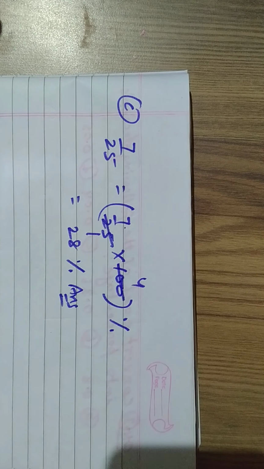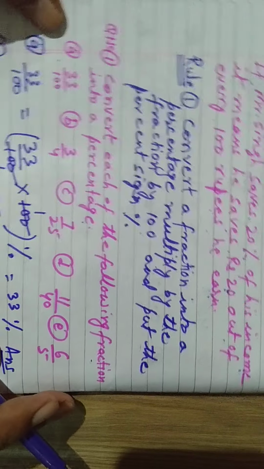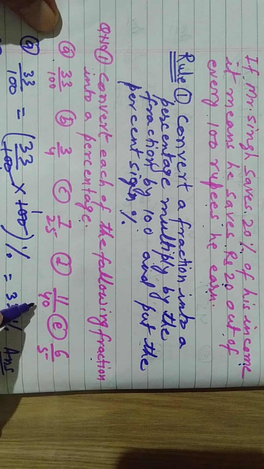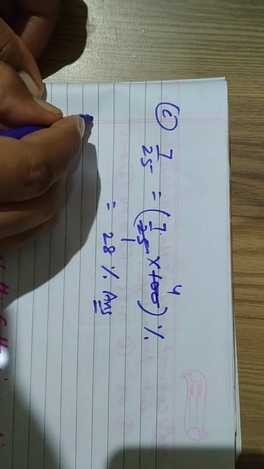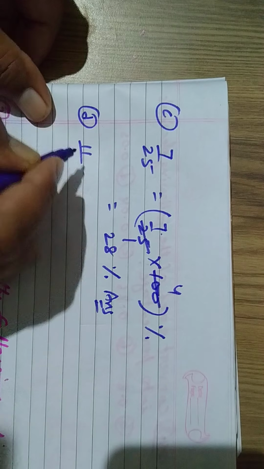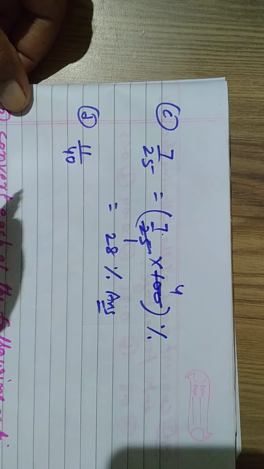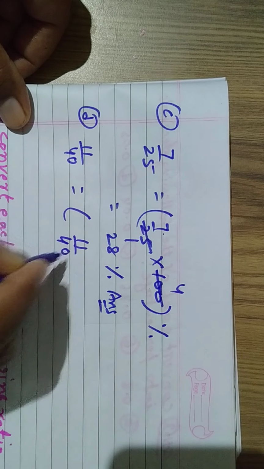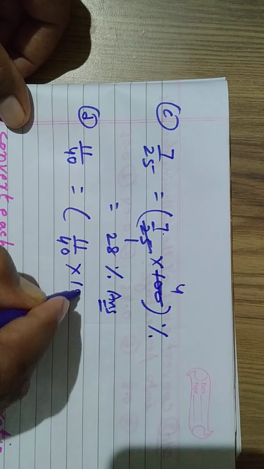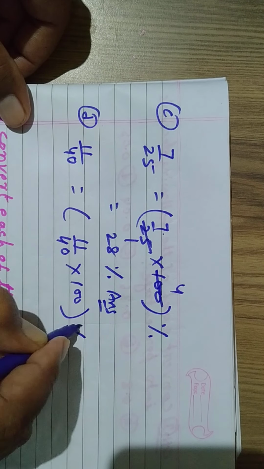And the other question is, say, 11 by 40. D number, 11 by 40 equal to 11 by 40. We write first into 100, then percentage sign.